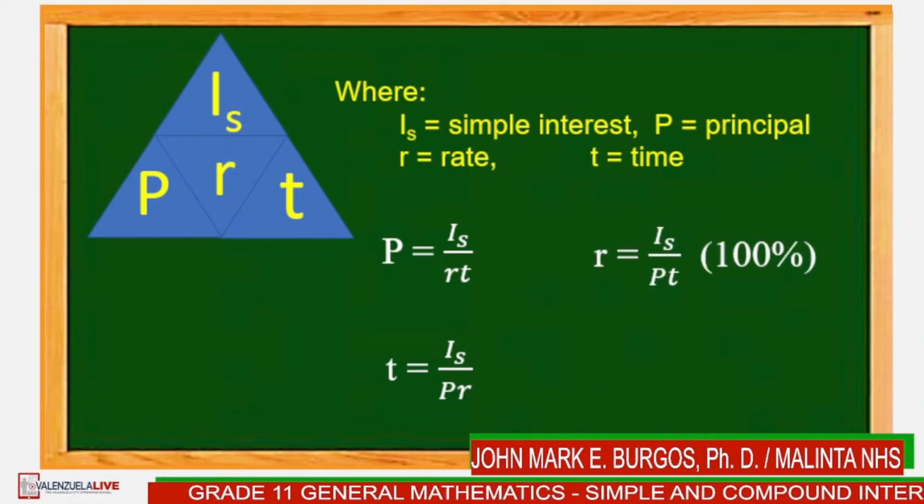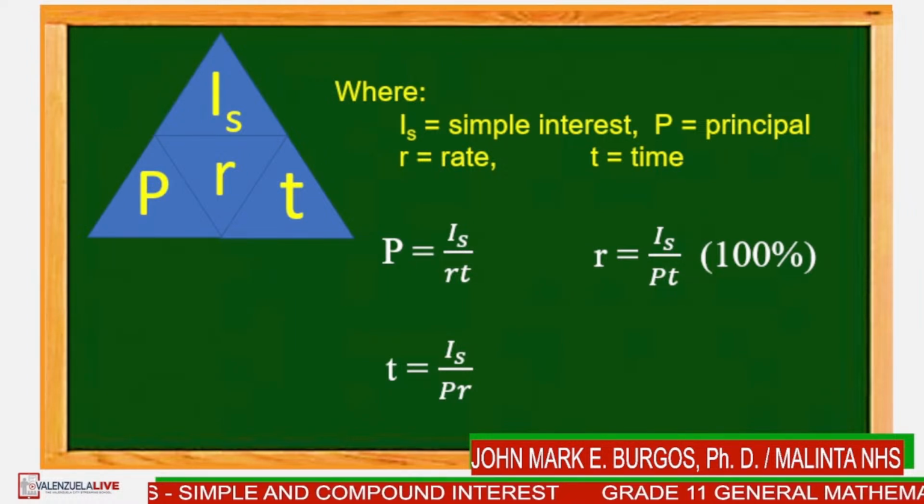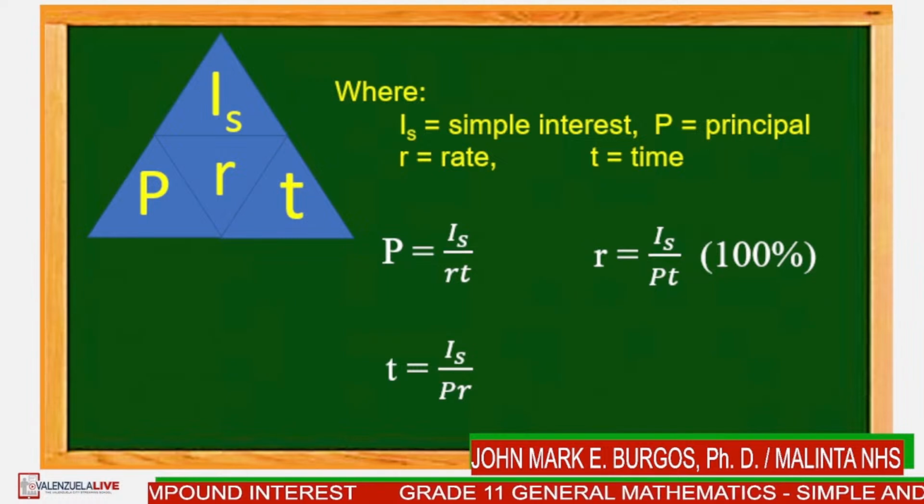And if R is required, we have R or rate is equal to simple interest or I divided by P or the principal times T or the time, and you have to multiply that by 100 in order to get the percent.